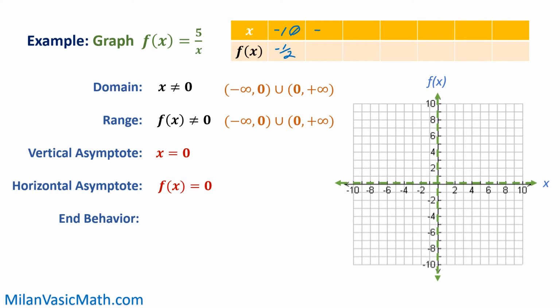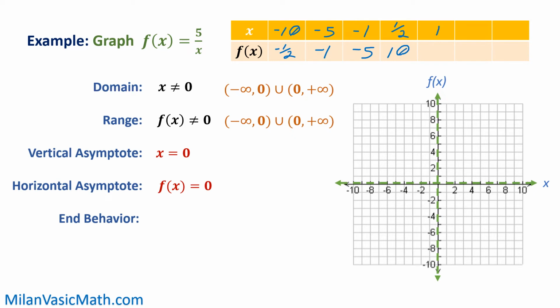Negative 5 is a good one. Negative 5 gives you negative 1. Negative 1, good point. We could also substitute fractions, 1/2. 5 divided by 1/2, or 5 times the reciprocal, 2, gives me 10.